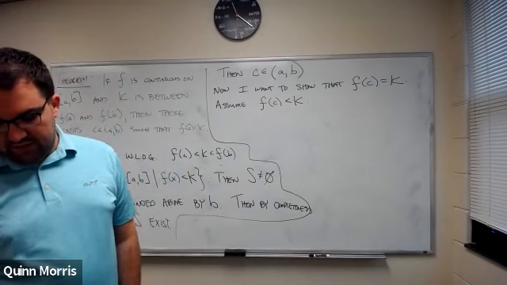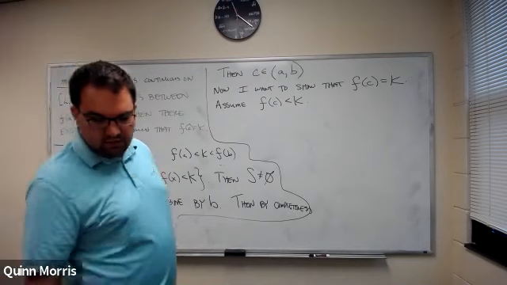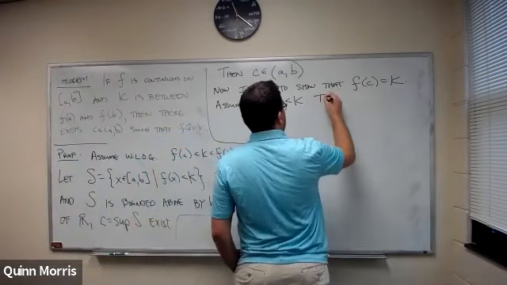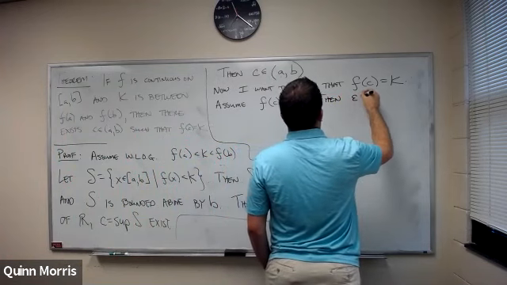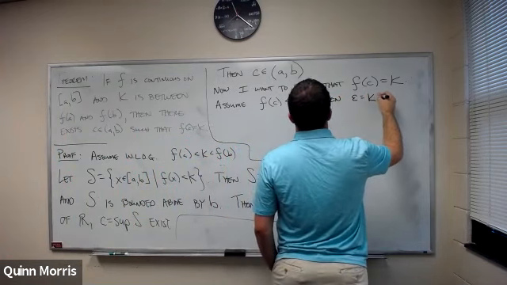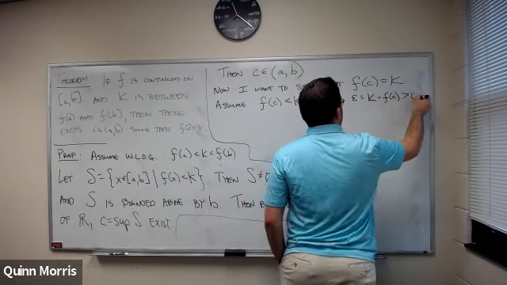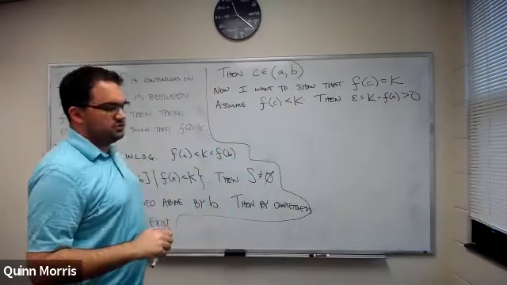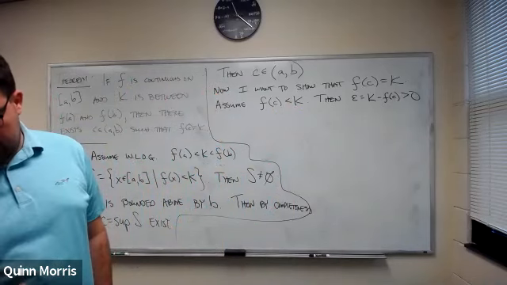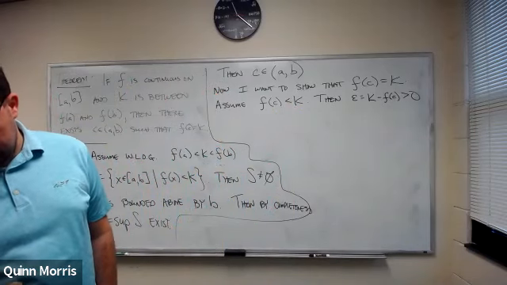So suppose f of C is less than K. Then, okay, let me define this quantity epsilon to be K minus f of C. And that's certainly greater than 0, right? If I subtract f of C over here, I'll get that's greater than 0. So I'm just going to define epsilon to be that difference.